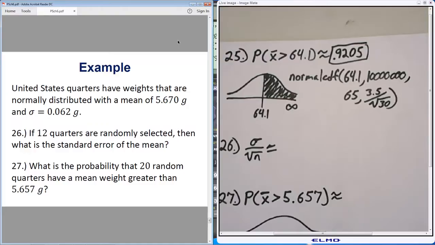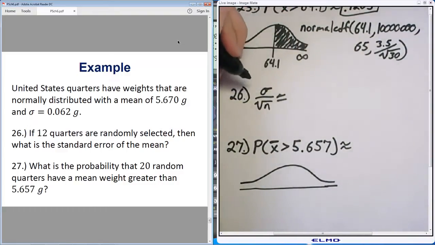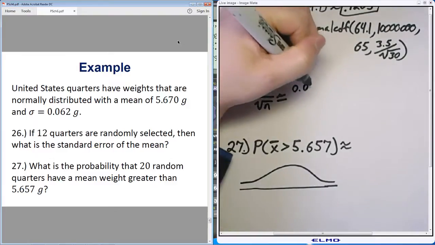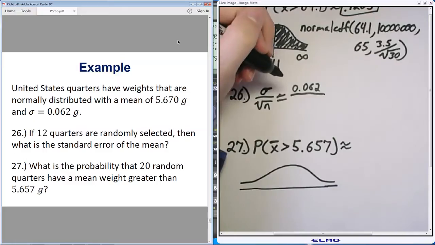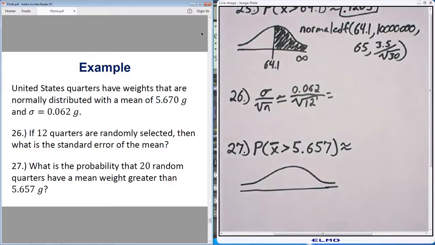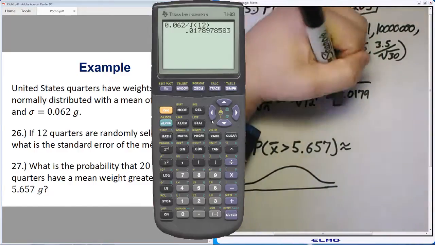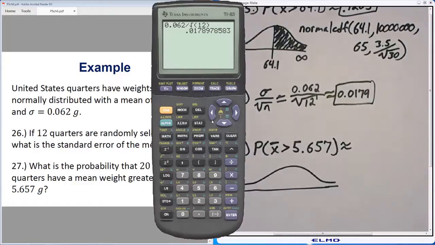Number 26 asks, if 12 quarters are randomly selected, then what is the standard error of the mean? My answer is 0.0179.